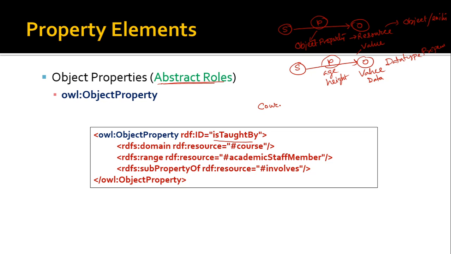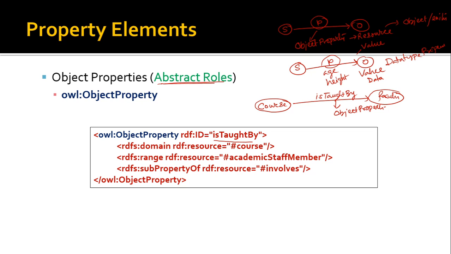So in the domain of this, we will be having a course, right? And in the range, we'll be having some faculty maybe. So basically, is taught by is connecting two classes.